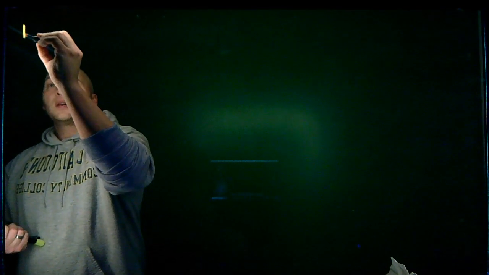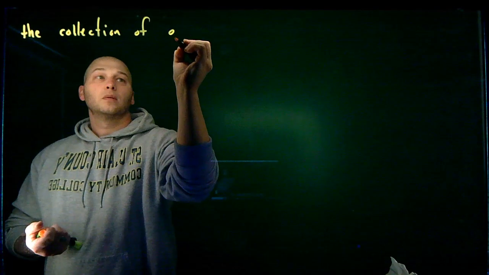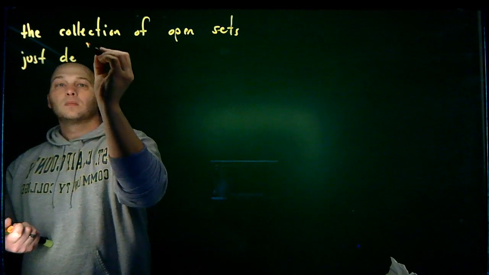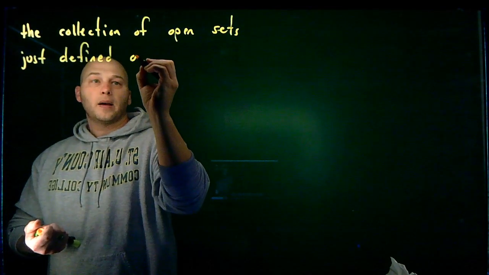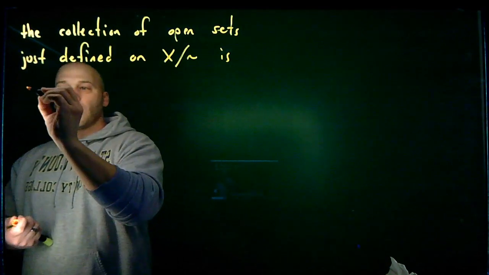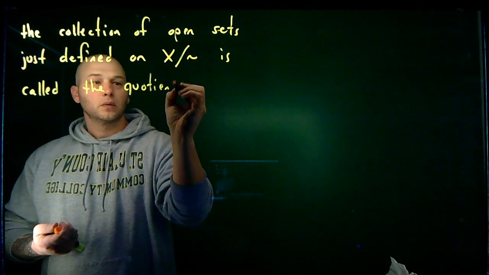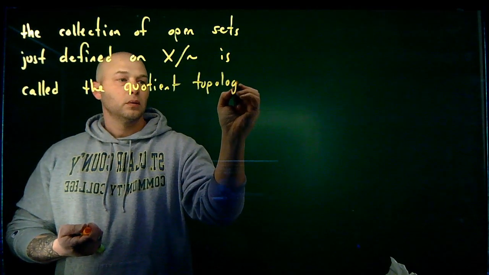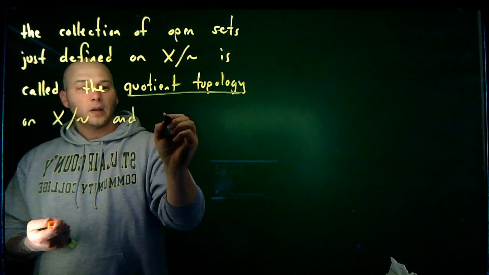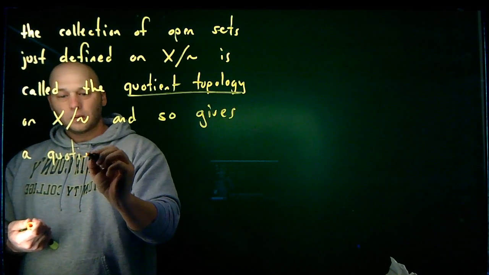And so the collection of open sets just defined on the quotient X modulo tilde is called the quotient topology on X mod tilde, and so gives a quotient space, right?